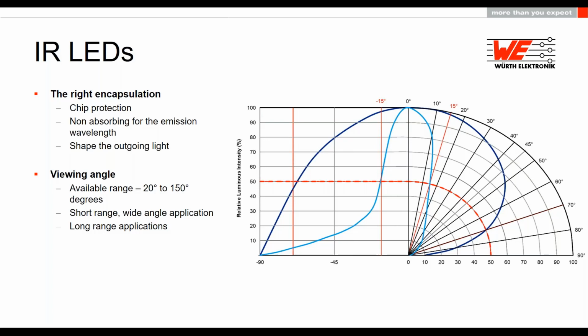In our case, our products can provide a viewing angle from 20 to 150 degrees, depending on the application that you have, if it's a short range, wide angle, or long range application. Another important parameter about the encapsulation is, of course, that it should not be absorbing.